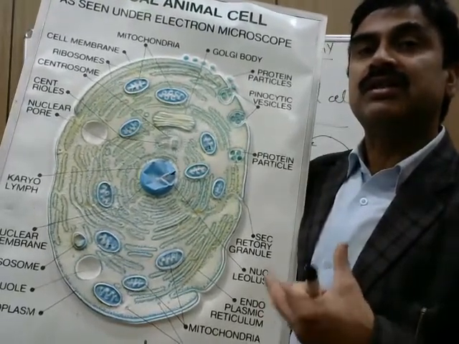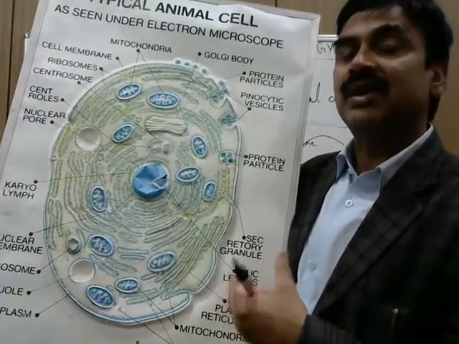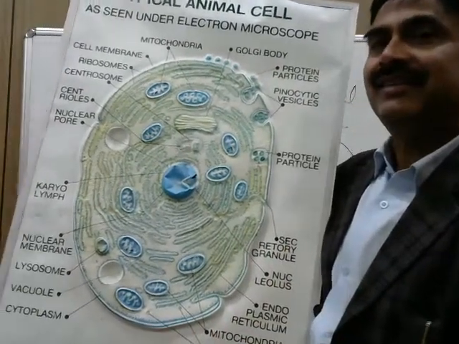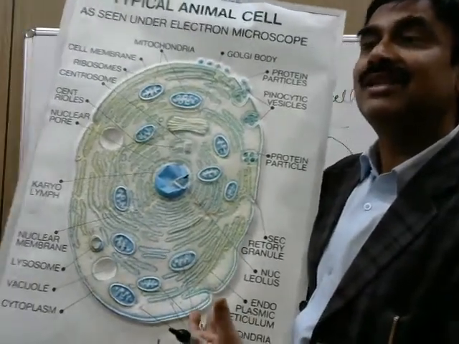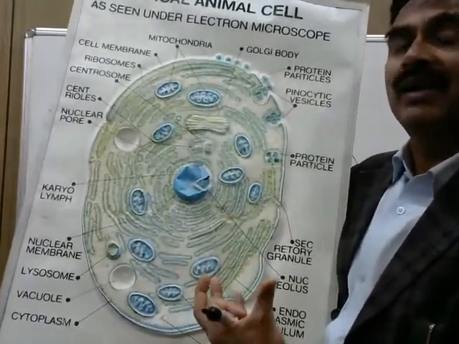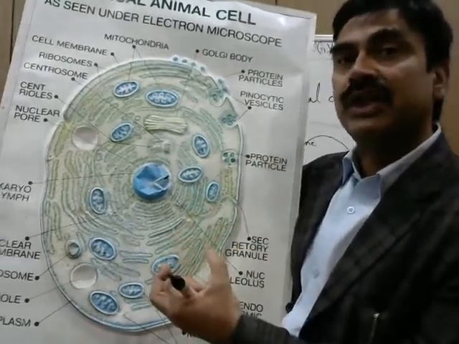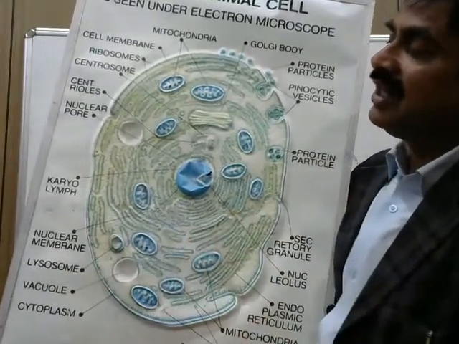Lysis means dissolve, the rupturing of this organelle. Sui means self and cidal means murder. It ruptures itself and helps in the secretion of digestive enzymes. That is why it is called the suicidal bag.